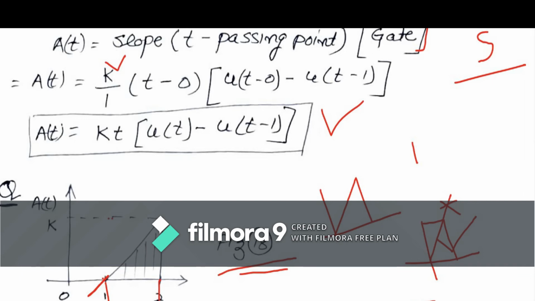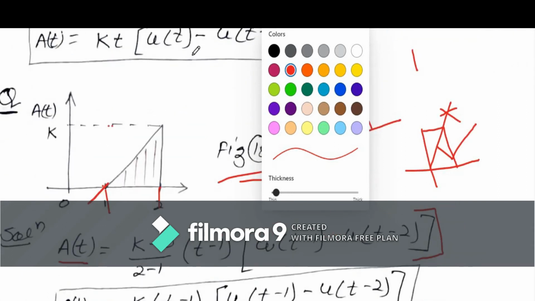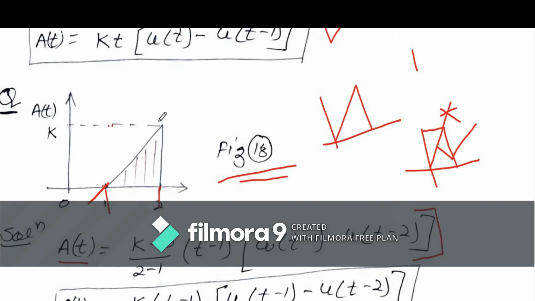Simply if I make t minus 1, I get k into t minus 1. Here you can see k into t minus 1, u of t minus 1 minus u of t minus 1 minus 1, so it will be u of t minus 2. So from this expression you can obtain the expression for this by simply putting t equal to t minus 1 because it is the shifted version.